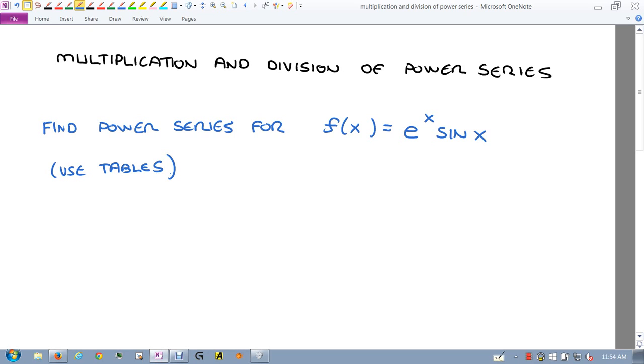So this is not about you doing what we just did, where you have to find all the derivatives and come up with a formula and all that. You don't have to do that, but you have to know what the formula is and then put these two together. So this is multiplication, yes? Right between those two. And so what I'm going to do is rewrite e to the x as its power series.